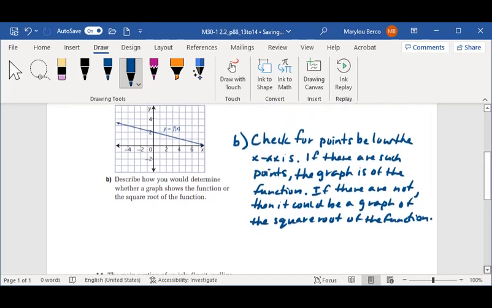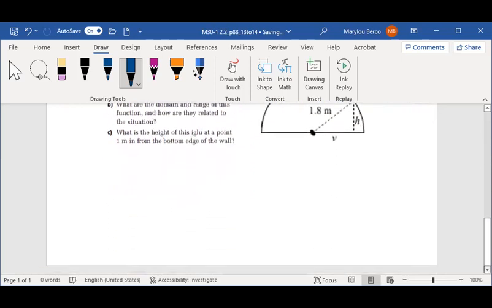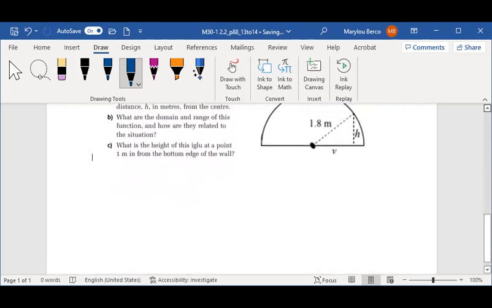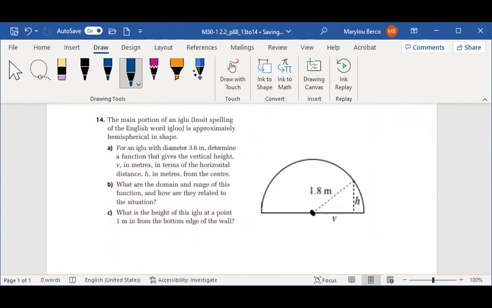Okay, 14. The main portion of an igloo is approximately hemispherical in shape. For an igloo with diameter 3.6 meters, determine a function that gives the vertical height, v in meters, in terms of the horizontal distance, h in meters, from the center.